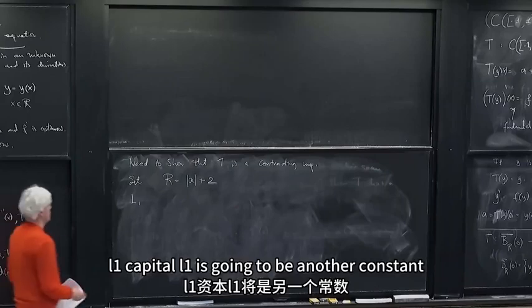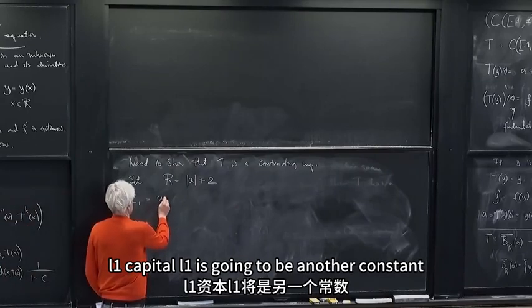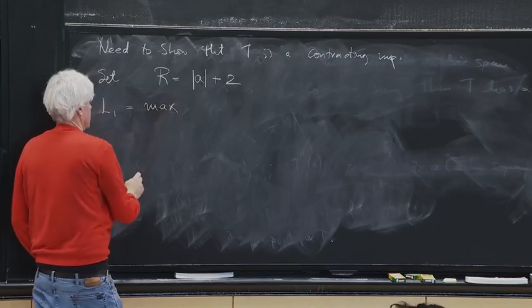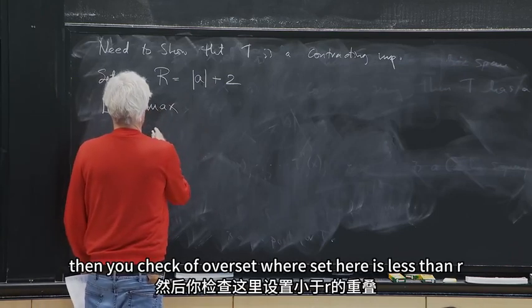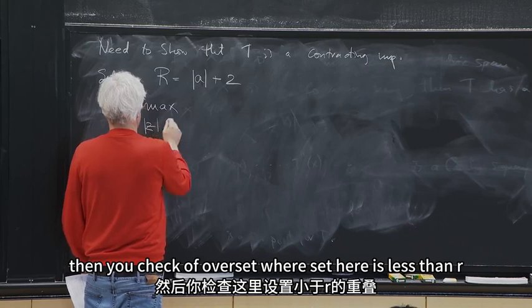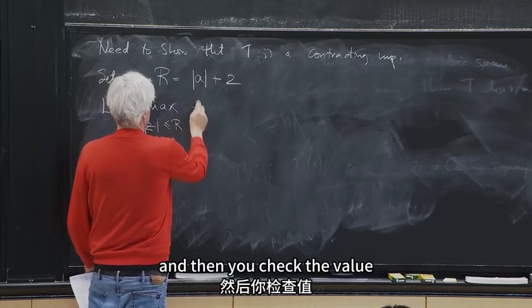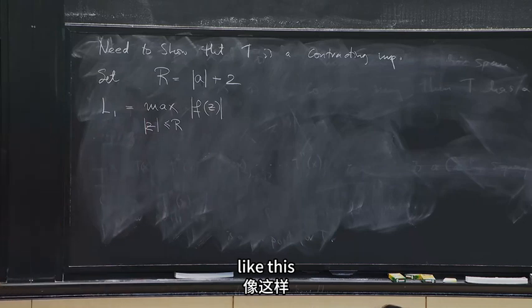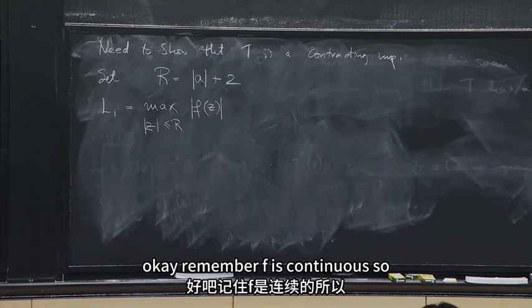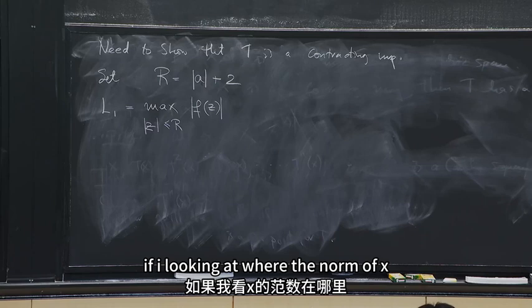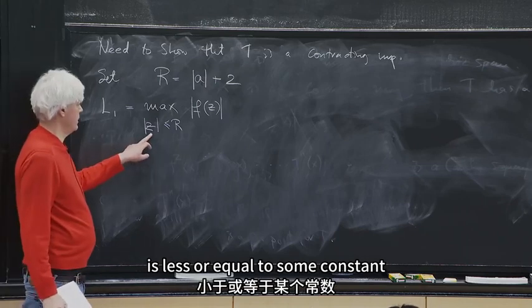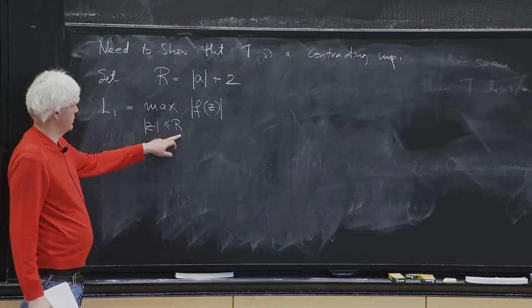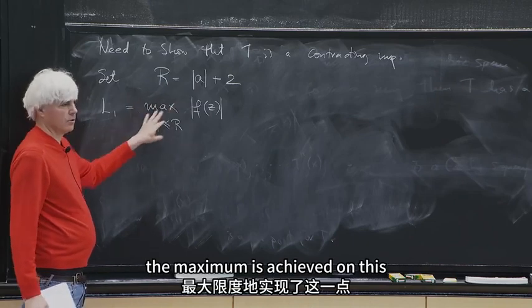L1, capital L1, is going to be another constant. It's going to be the maximum over z, where the norm of z is less than r, of the value of f. Remember, f is continuous. So if I'm looking at where the norm of x is less or equal to some constant, then the maximum is achieved on this.